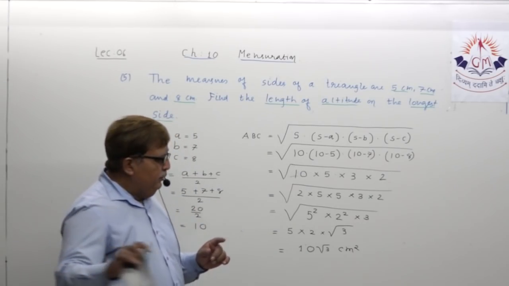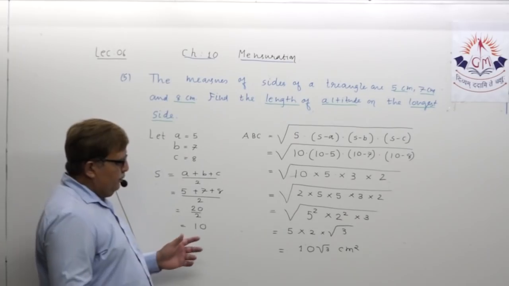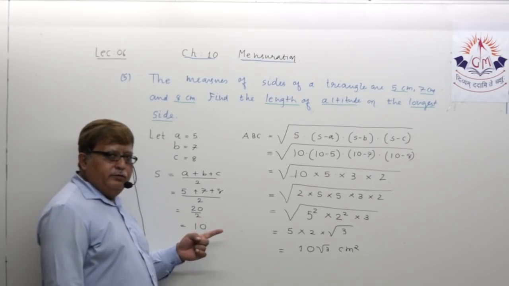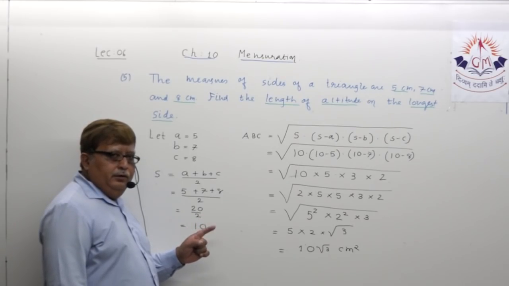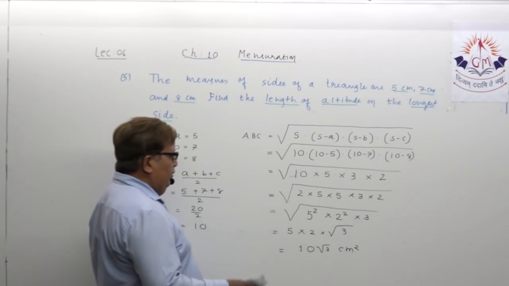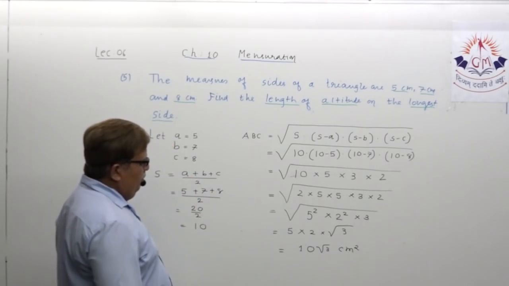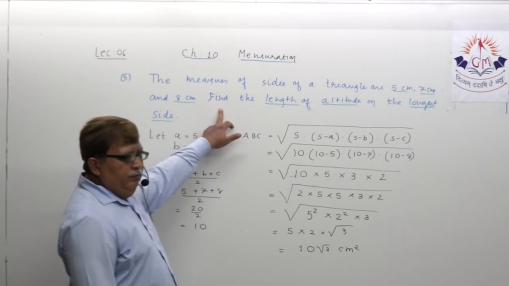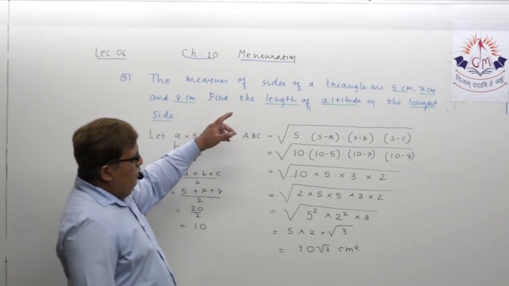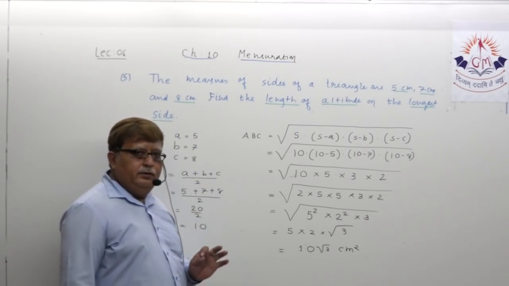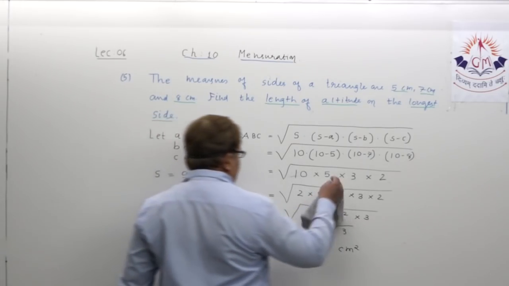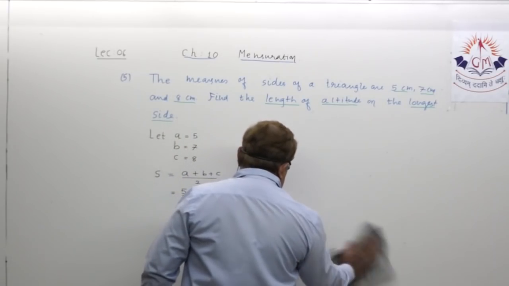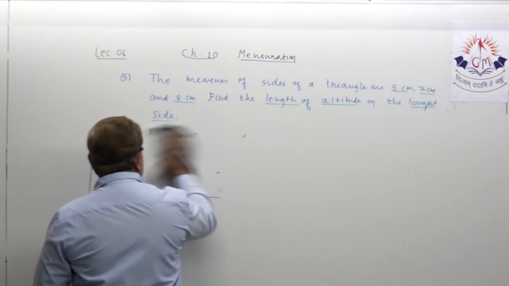Now, my dear student, after you find the area of the triangle, which turns out to be 10 under root 3 square centimeter, you must have written this data. Now we are looking for this: how can we find the length of altitude? For that purpose, dear student, we need to draw the diagram.